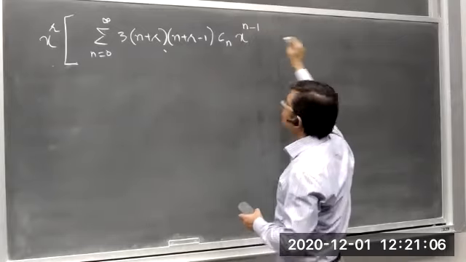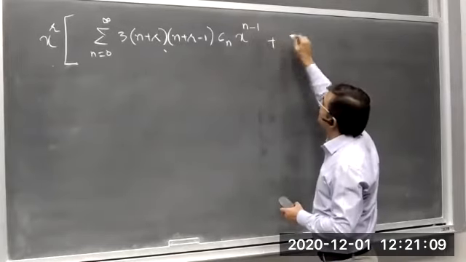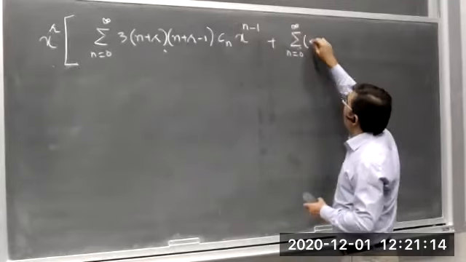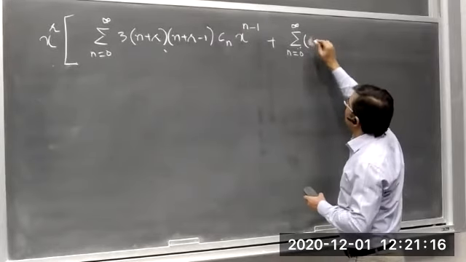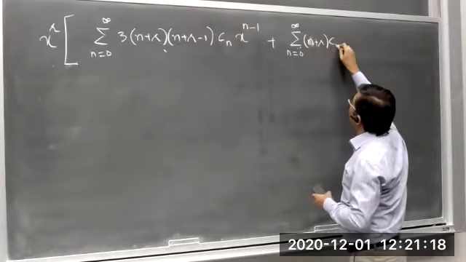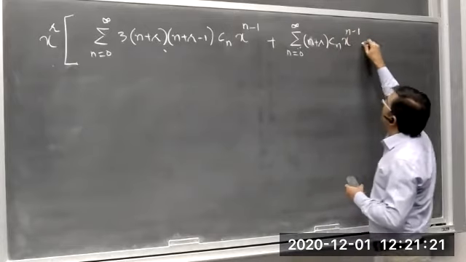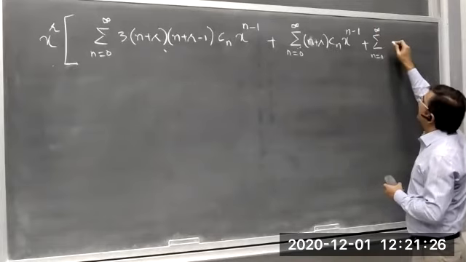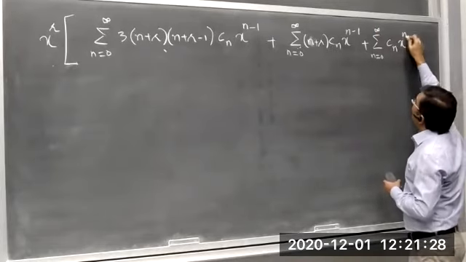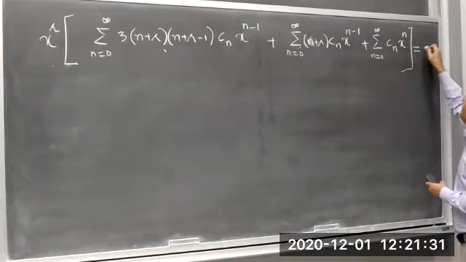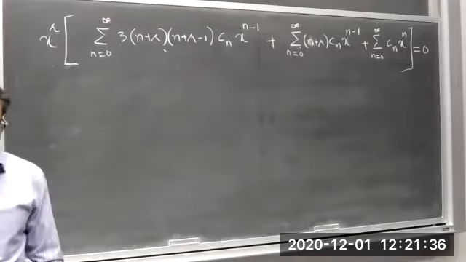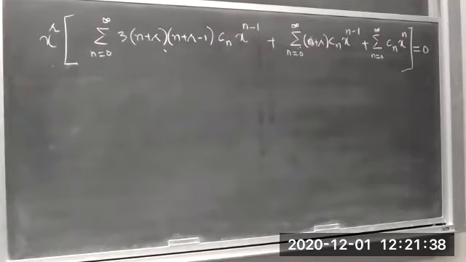And the second series is plus summation n from 0 to infinity, n plus r, cn x power n minus 1, plus the third series is summation n from 0 to infinity, cn x power n. So this is equal to 0. We obtain this with the multiplication of x power r.